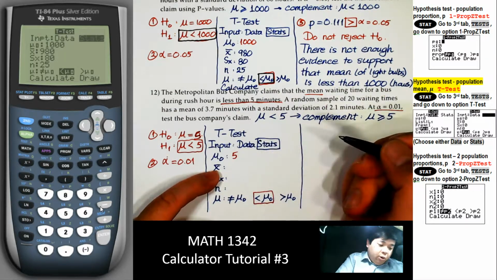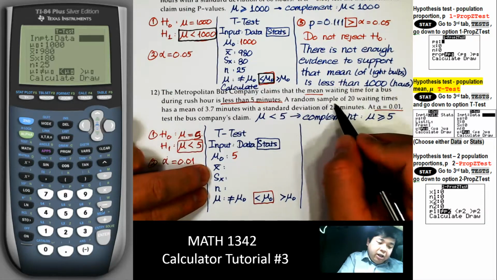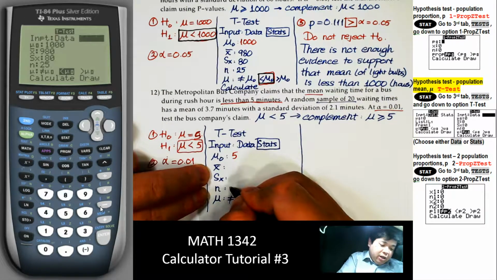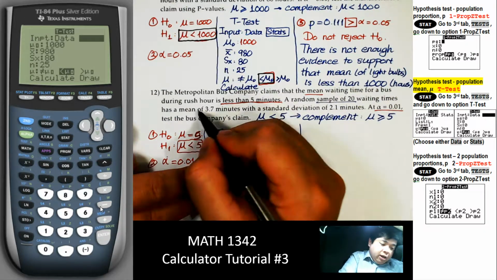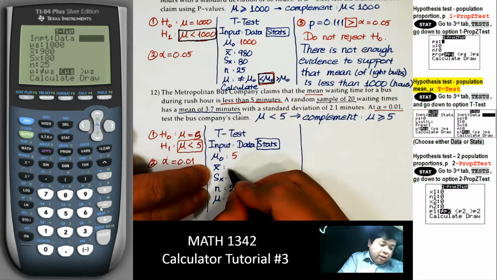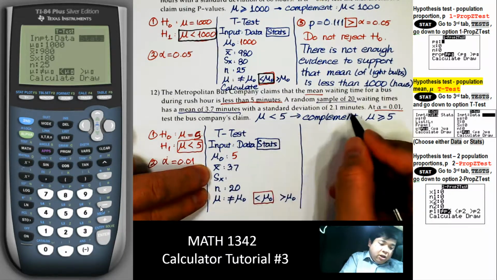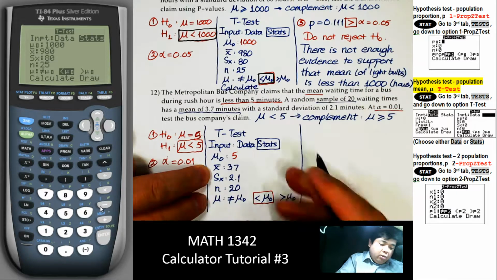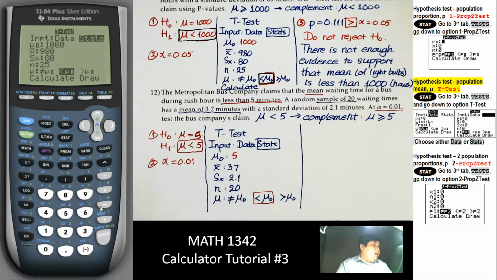For the sample, we have a sample size of 20, meaning there are 20 of them, with a mean of 3.7 and standard deviation of 2.1. So that's what we have. And then we calculate the p-value for that.